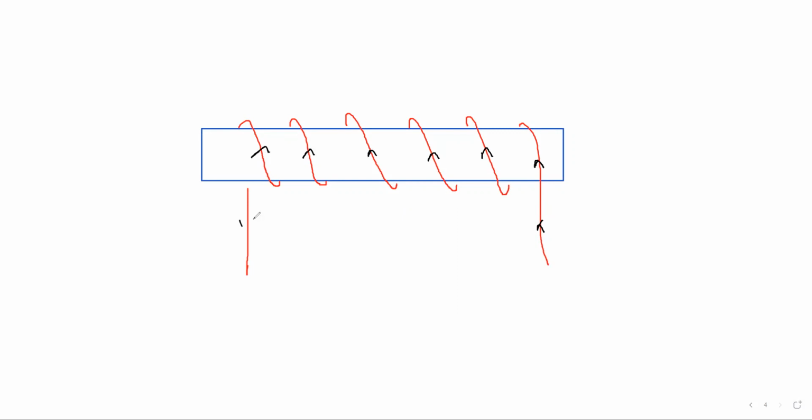This is the direction of the current, and you have to identify the position of the north. So how will you identify the position of the north? In the same way, again a right hand rule.